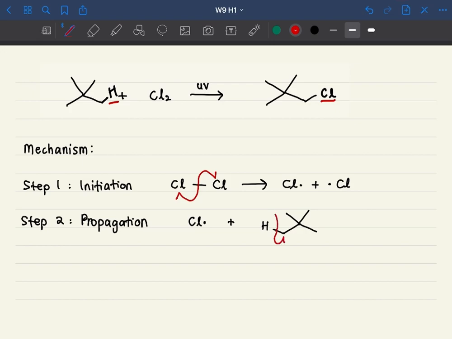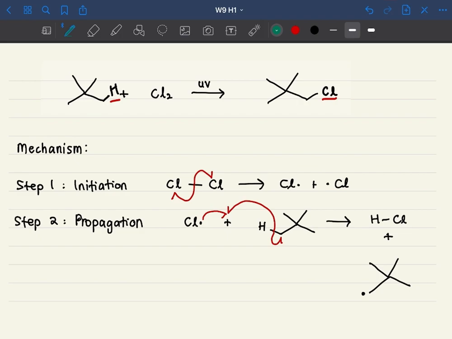One goes to the carbon, another one goes nearer to the Cl like this. Then we're going to get a product of HCl and also a new radical of 2, 3, 4, and we're going to have a radical here.